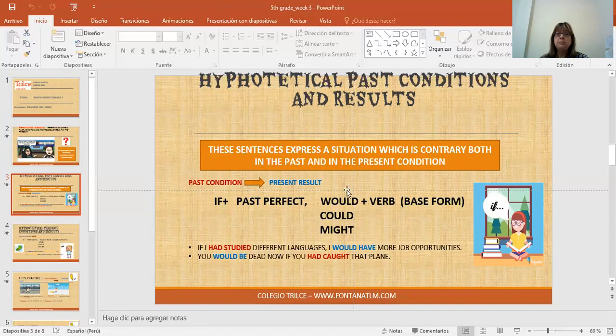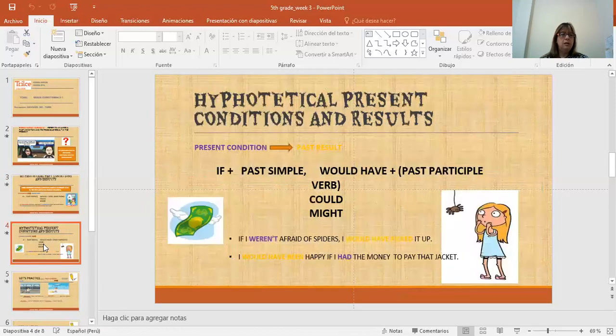After you finish practicing this exercise on your own, I want you to go back to the other one. What is this? Present condition, past result. An example of my own that I want you to do at home too, like I am doing. If I were thinner, I would have worn that beautiful dress.